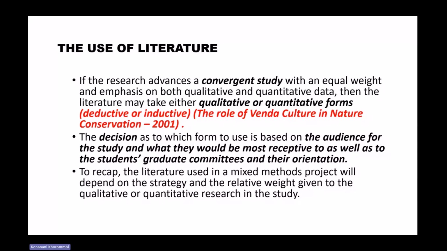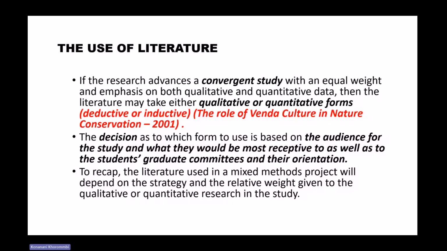It had both closed-ended and open-ended questions. So I could collect quantitative data and qualitative data from the same instrument and speaking to the same respondent, and I could analyze the data at the same time. So I could then use my literature review in any way.